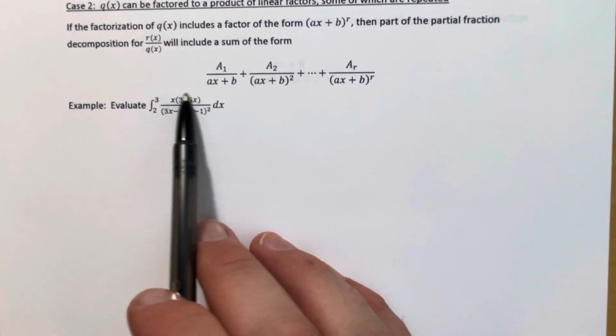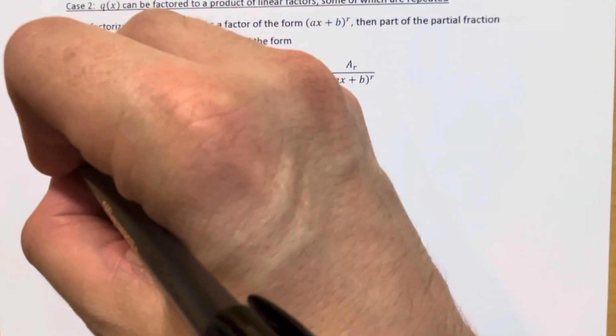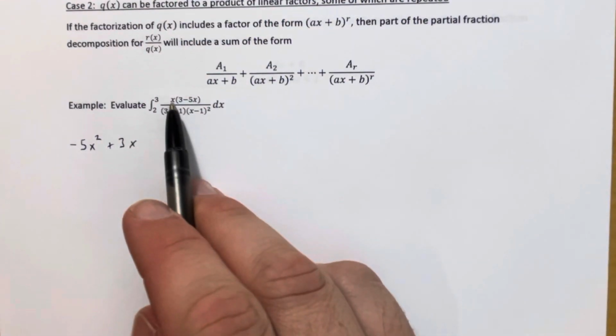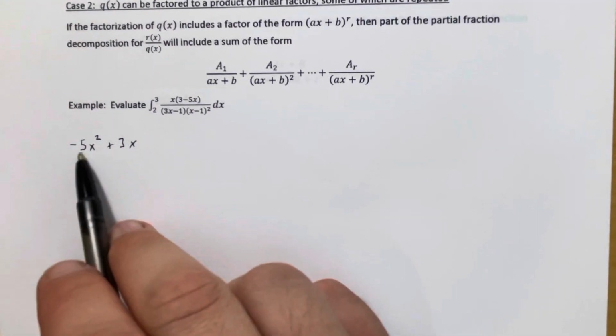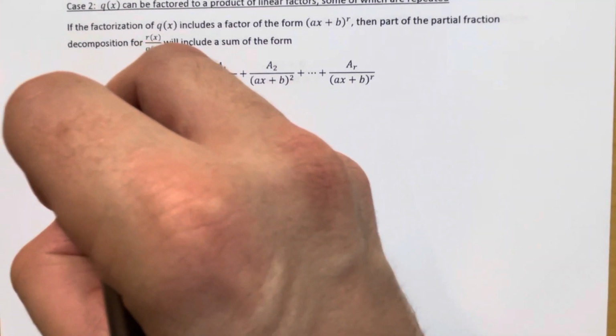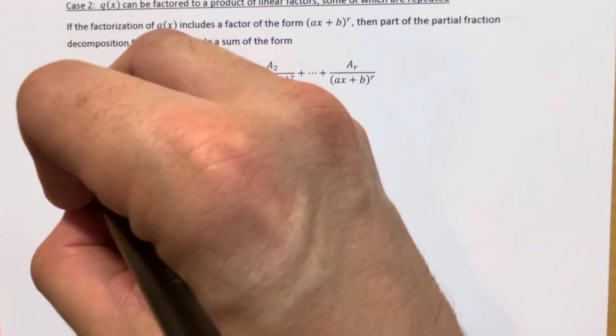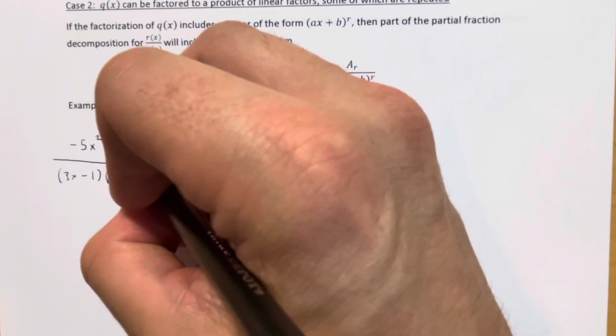So what I'm going to do is I'm going to write this out. I'm going to multiply my numerator out so that I can write it in the form negative 5x squared plus 3x. You can see that distributing the x and maybe rearranging some terms would give me this. And then I have the denominator, which I'm not going to change in any way. It's going to look like 3x minus 1 times x minus 1 squared.